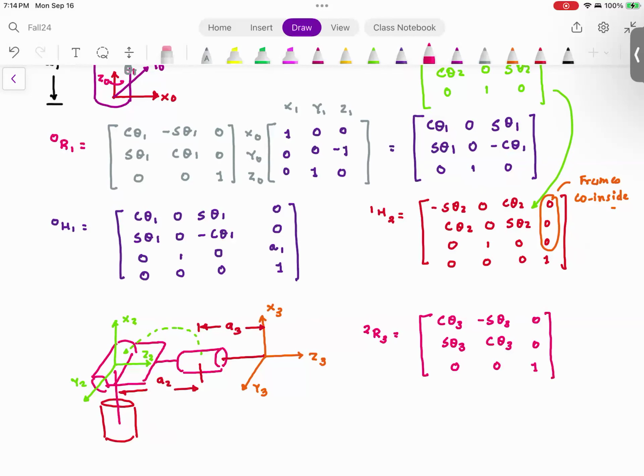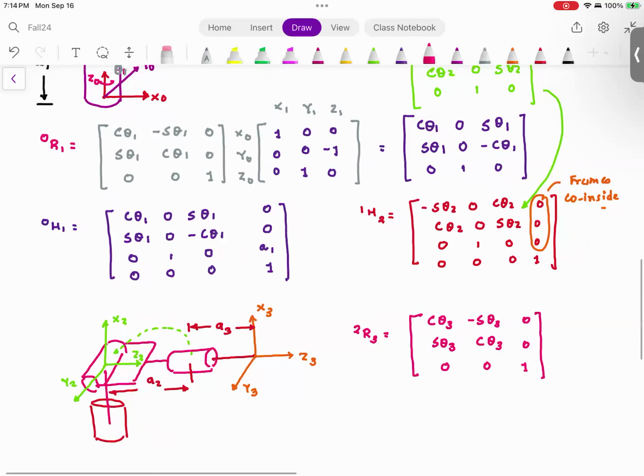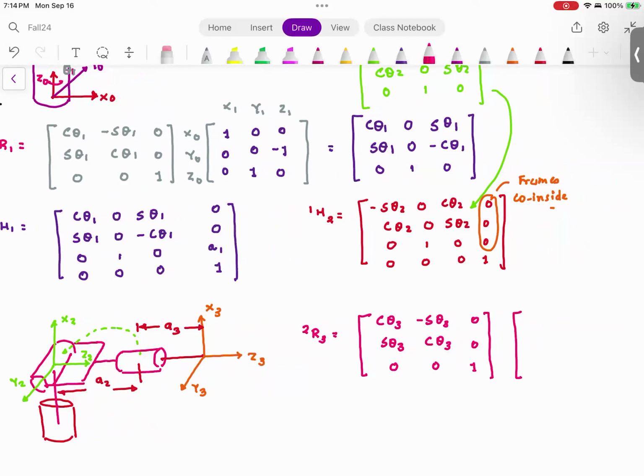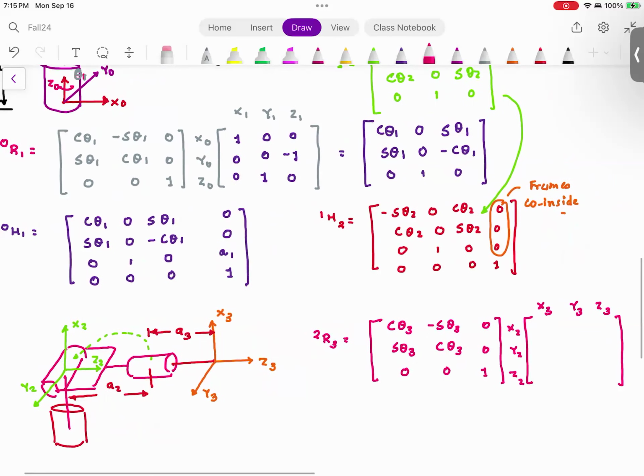Let's not forget the projection matrix. Projection matrix is gonna be x3, y3, z3 against x2, y2, z2. And check this out. x3 is aligned with x2.